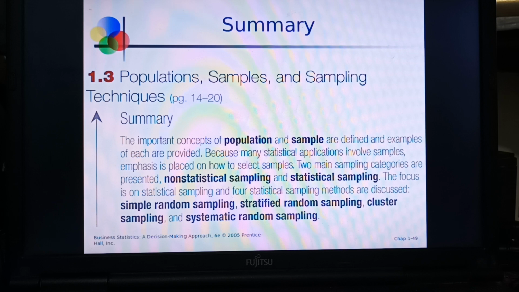The focus is on statistical sampling, and 4 statistical sampling methods were discussed. One is the simple random sampling, stratified random sampling, cluster sampling, and the systematic random sampling.